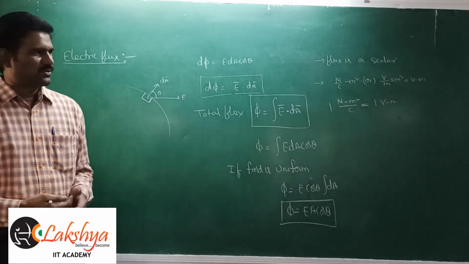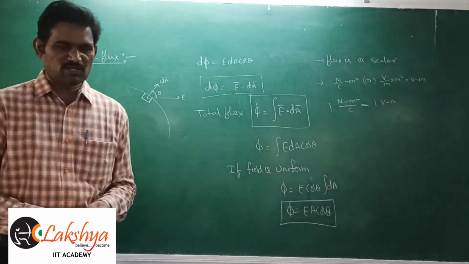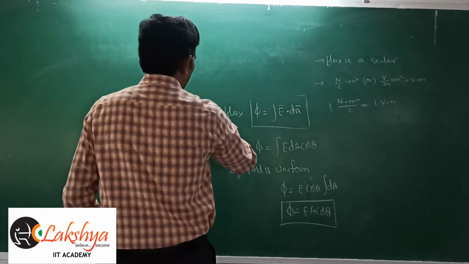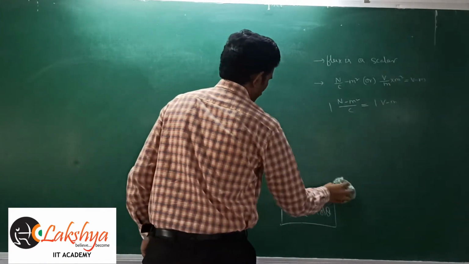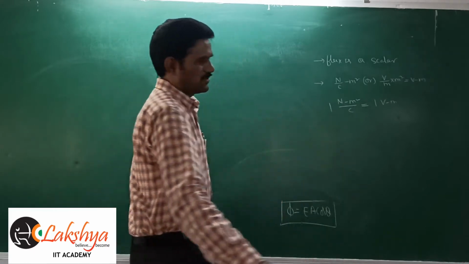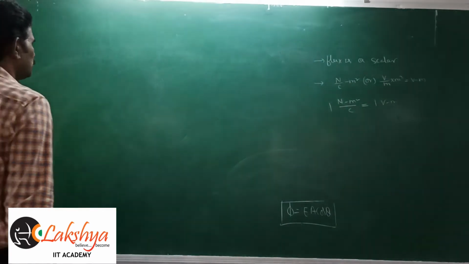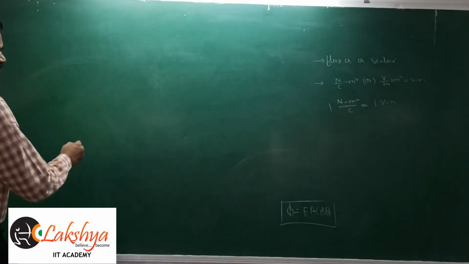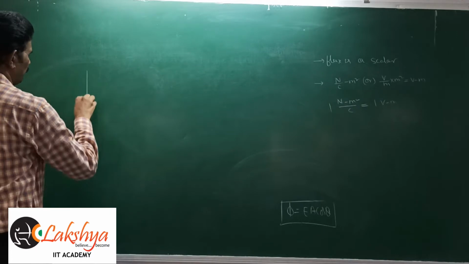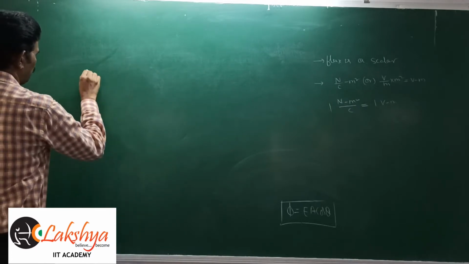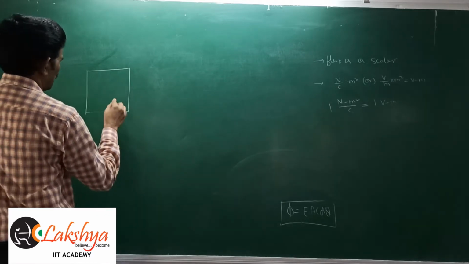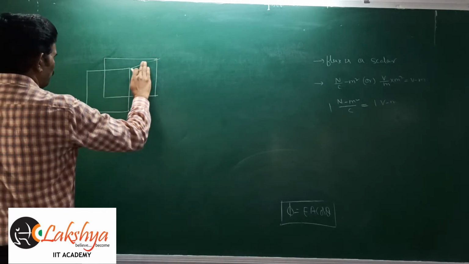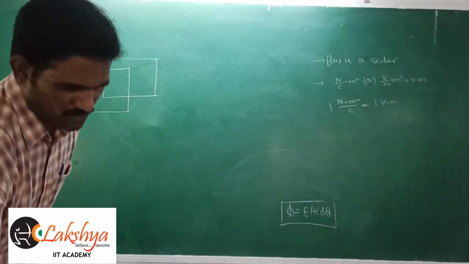That means write that the flux entering the given surface is taken as negative, and the flux leaving the surface is taken as positive.